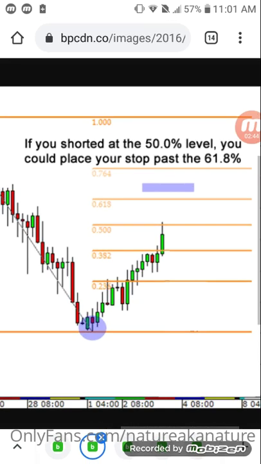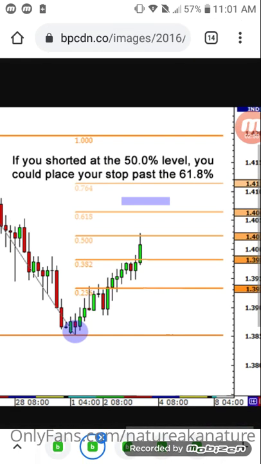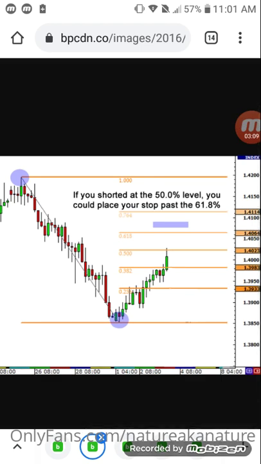It retraced back to the 50 level. We put our stop loss above the 0.618 level. So if you shorted at the 50 level after seeing this doji form at the 50 level, you should have pushed your stop loss past the 61.8 Fibonacci retracement level.